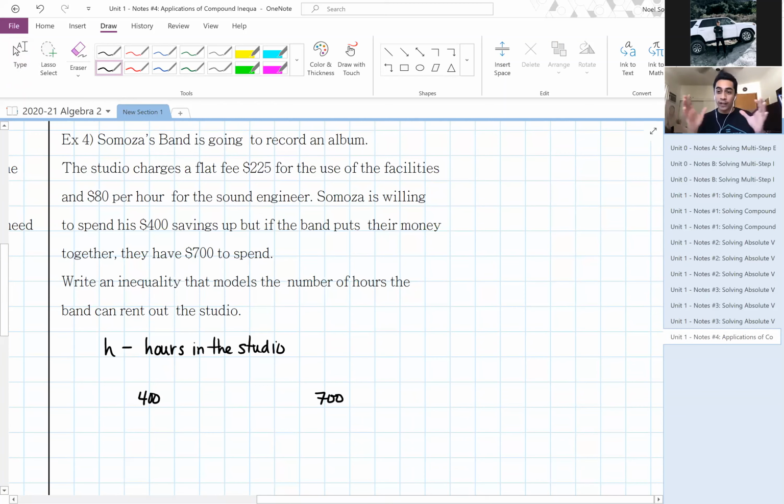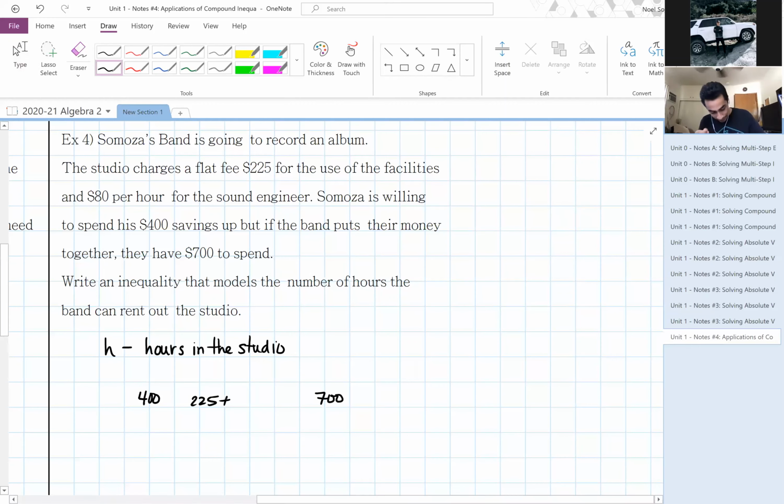And so now I'm going to write the equation that allows me to decide how much money I can spend. If I go into that studio, how much money do I have to pay no matter what? 225. So I have 225, and on top of the 225, what do I need to pay? Exactly.